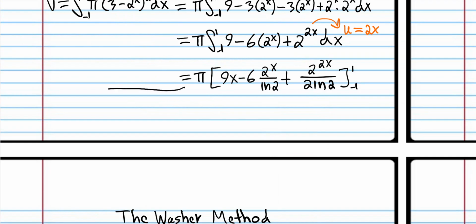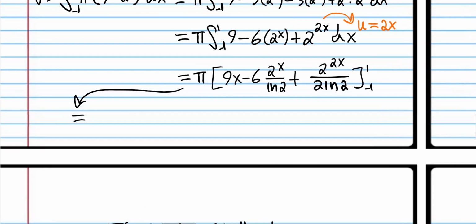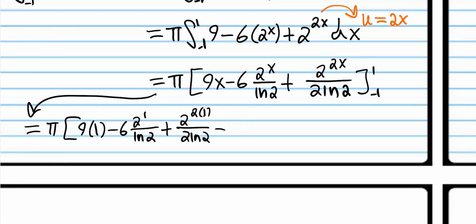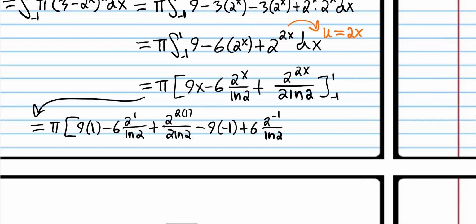Okay, so now we're going to plug in 1. Then we need to subtract the same expression with -1 plugged in. When we subtract the expression, the signs change.